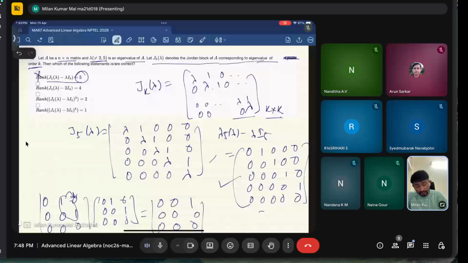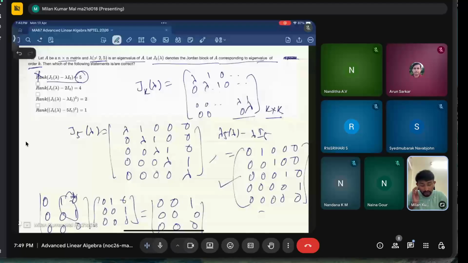Here it is given that lambda is neither 2 nor 5, so lambda minus 2 is not 0. And even if it were 0, there are 1s that do the job. Therefore the rank of this matrix is 4. So this option is correct.